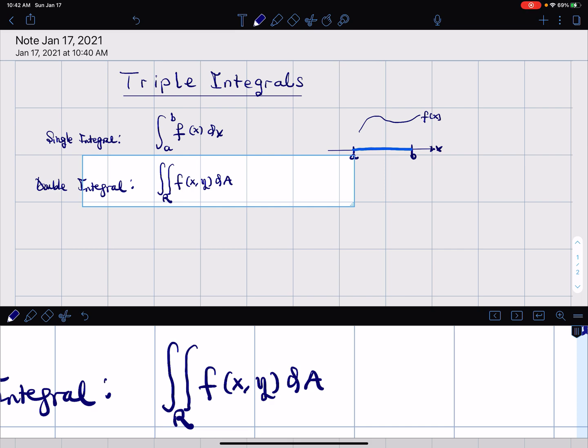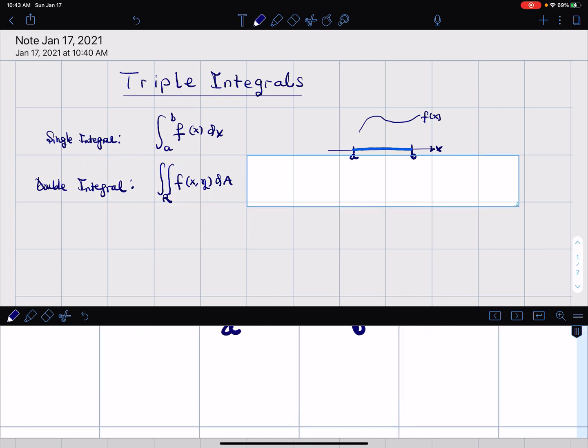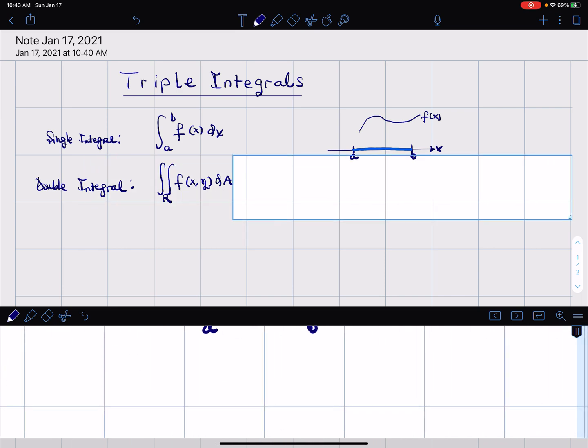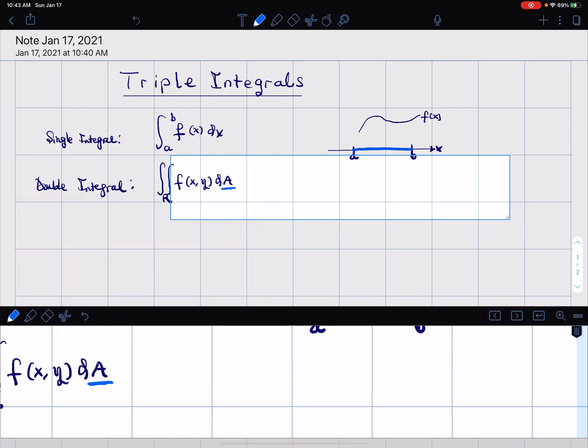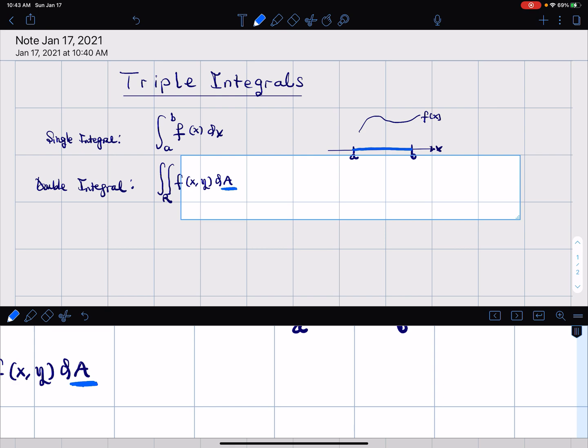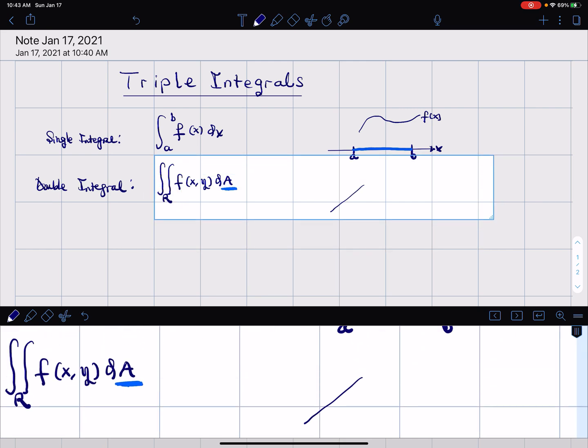It doesn't mean anything other than the fact that our interval of integration now becomes a region of integration, and we're integrating over the area of that region. So A is kind of for area. In this case, your region of integration is on the xy plane.